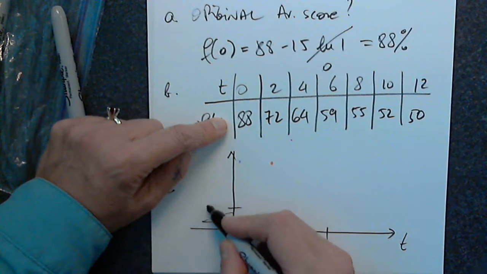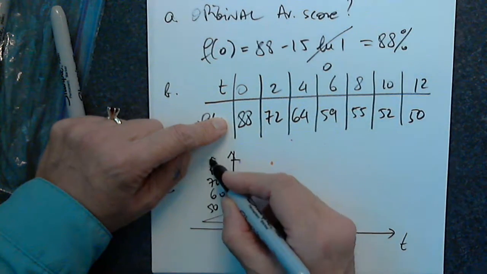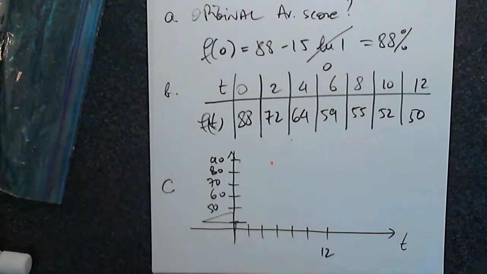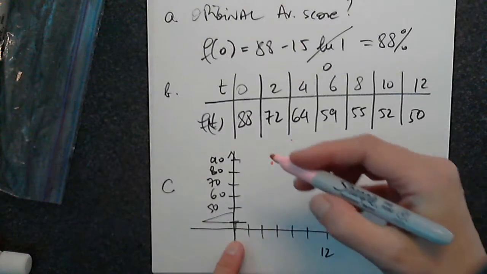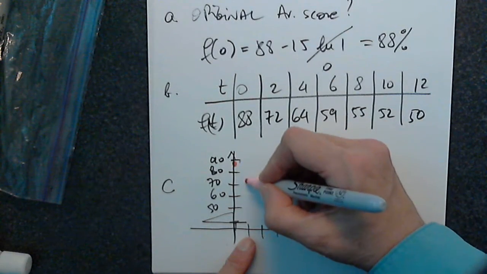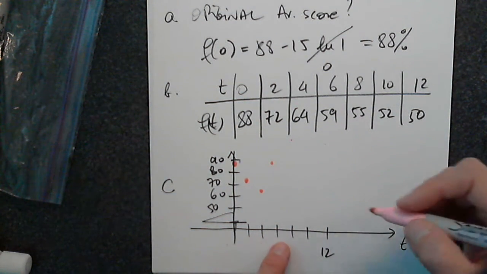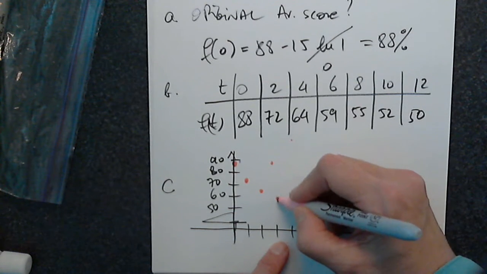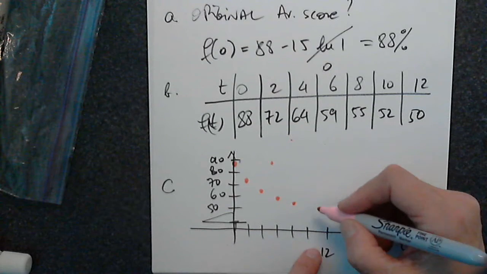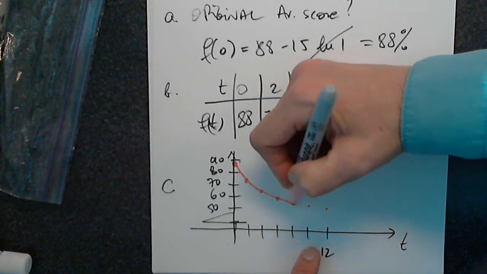I'm going to say 50, 60, 70, 80, and 90. And I am going to plot the points. At 0 is 88. At 2 is 72. At 4 is 64. And then it's 59. And then it's 55. And then 52. And then 50. Here is the graph.